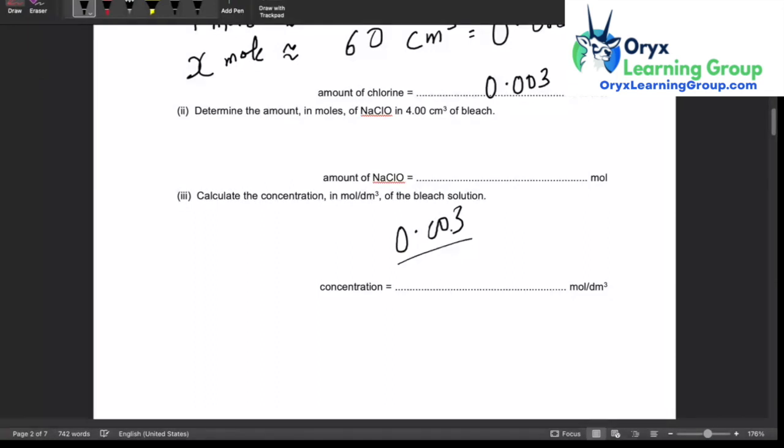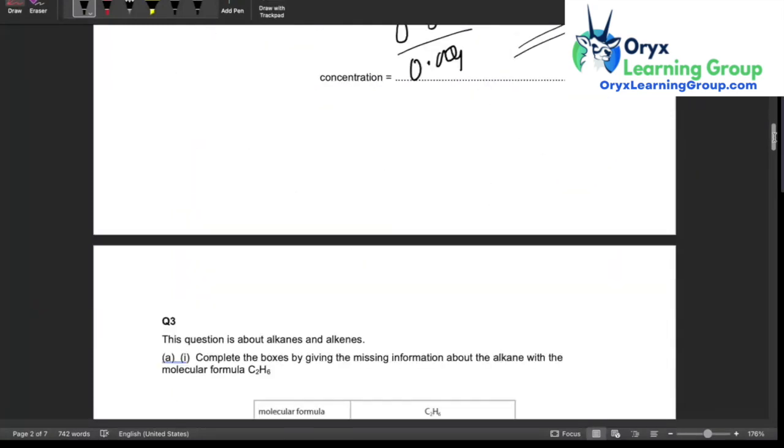But before putting it in, I divided it by 1,000 to get the right units, which is 0.004. That's right. I put that in the calculator and it gave me 0.75. That's fine. So 0.75 moles per dm cube will be the answer. Has everyone got the same number? Yes. Okay, good. Well done.